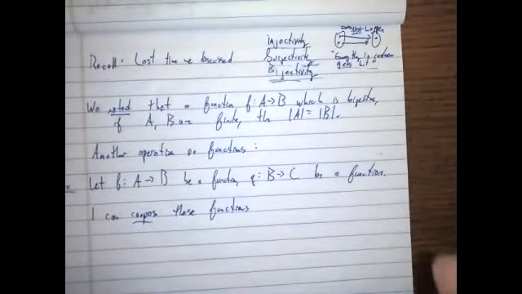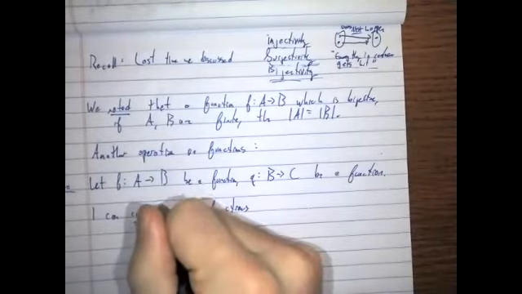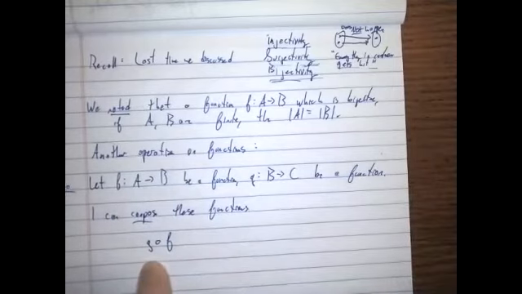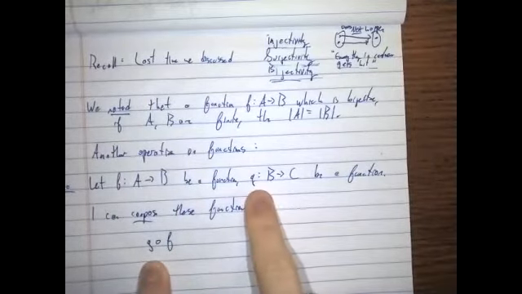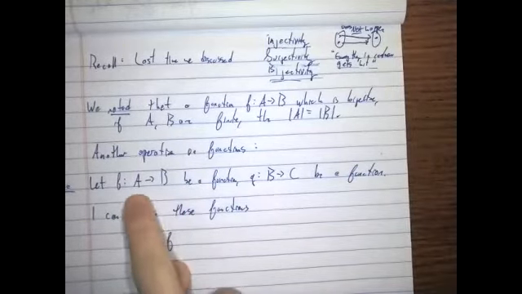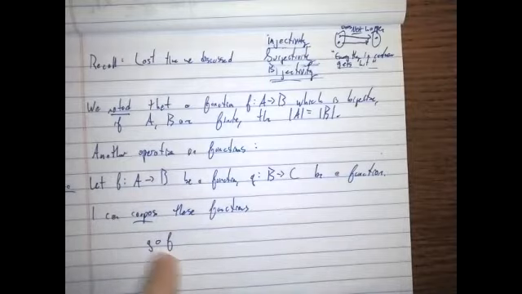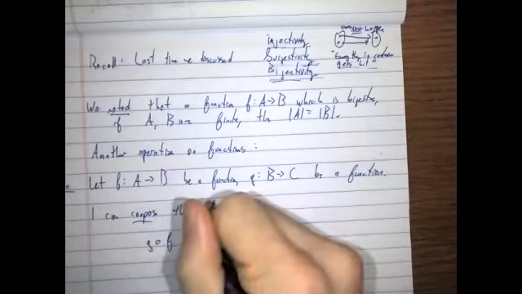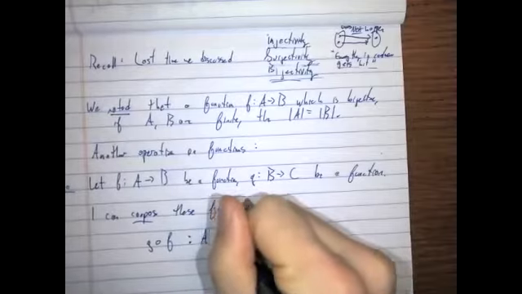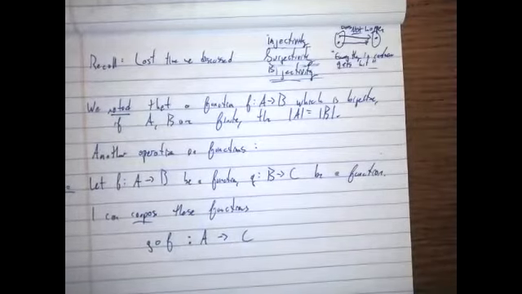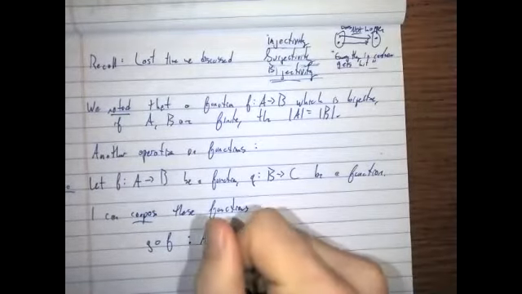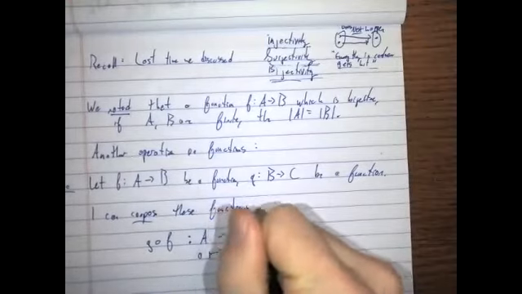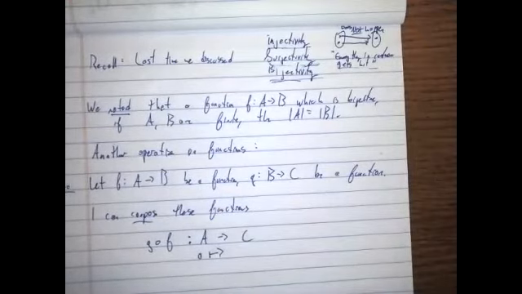So now I define from these a new function called the composite function, which is going to be g composed with f. So the later function comes first and the prior function comes second. So g composed with f will now be a function from A to C, and it will be defined by sending an element a to what?